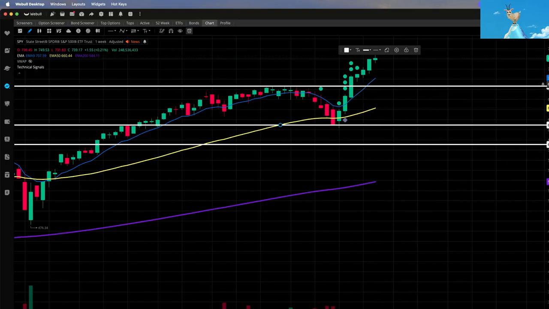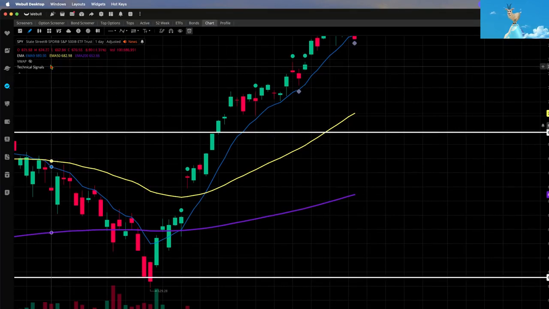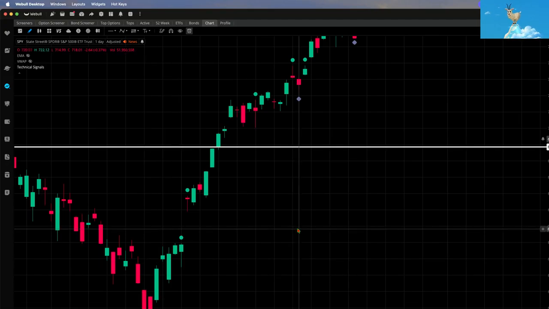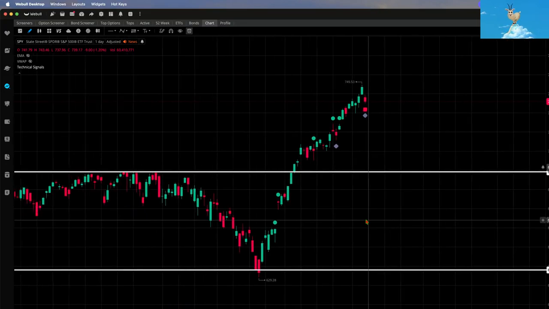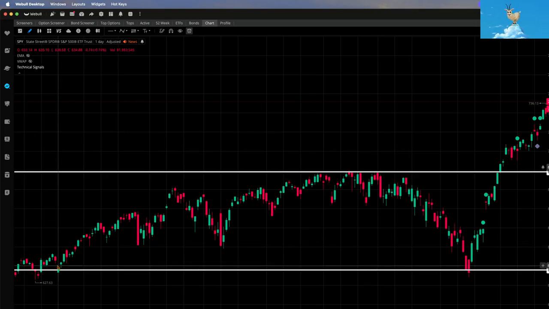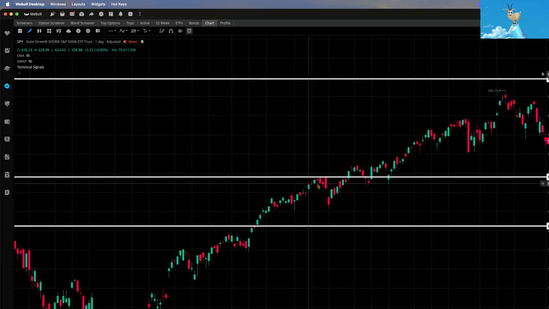But this is on a weekly time frame. I can come to a daily time frame and get an even closer look. Let me get the EMAs off here because I don't want to confuse y'all with indicators. I just want y'all to see price action. This is a good example. 633 was a level of resistance in the past.